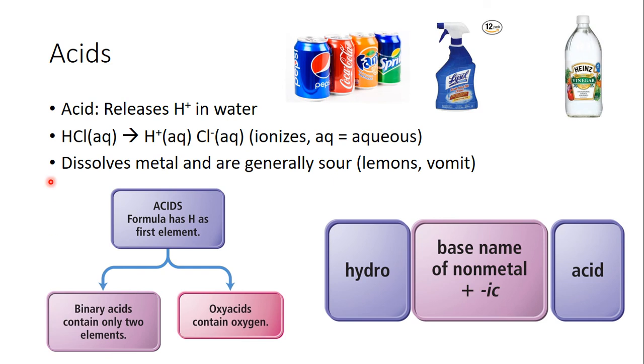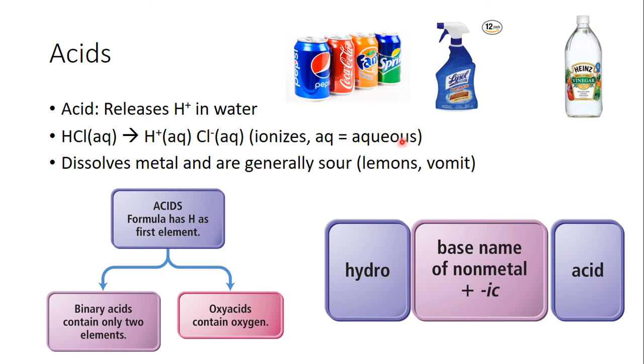Now for acids, the naming scheme is a little different. And what an acid is, it's a compound that releases hydrogens into water. So for example, hydrochloric acid, HCl, breaks down into H plus and Cl minus. You notice I have this little AQ symbol next to my elements.